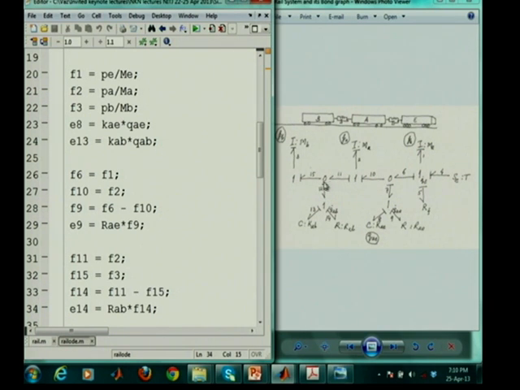Flow 11 minus flow 15. So flow 14 is flow 11 minus flow 15. Flow 11 is defined on line 31 as flow 2, because flow 11 is the same as flow 2, and flow 15 is the same as flow 3. Both flow 2 and flow 3 have been defined earlier, okay, and they have been defined here on line 21 and 22. So done.